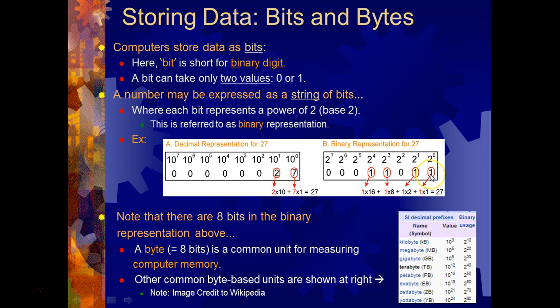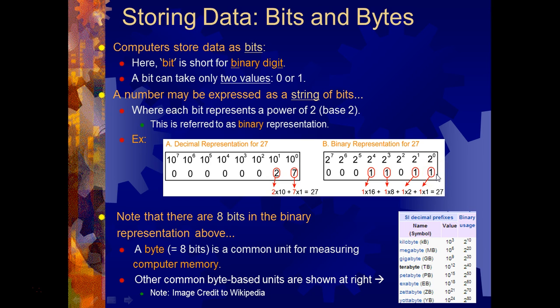How many different sequences can we write? Well, if we only had 1 bit, just 1 space, we could put a 0 or 1, so we could write 2 different numbers that way. If we have 2 bits, then this could be 0, 0, this could be 0, 1, this could be 1, 0, or they could both be 1.